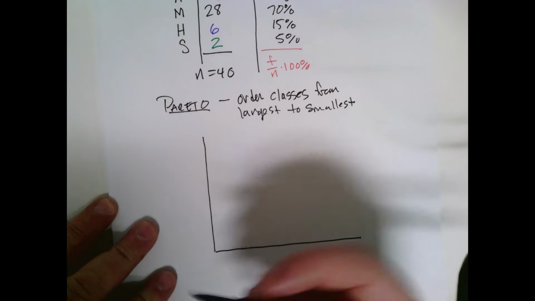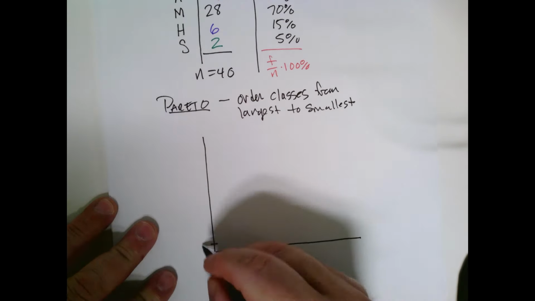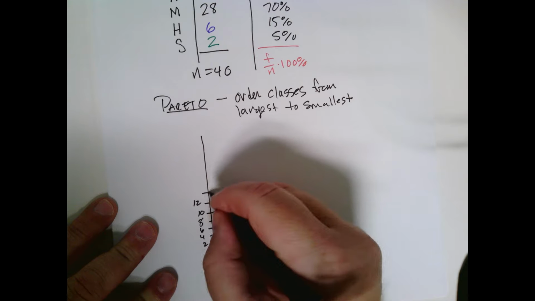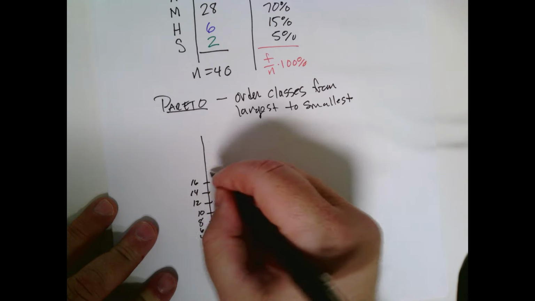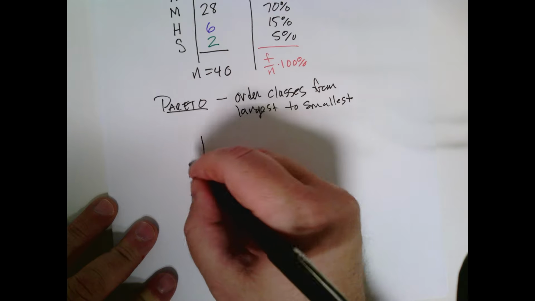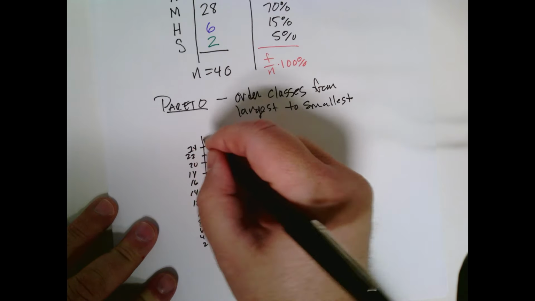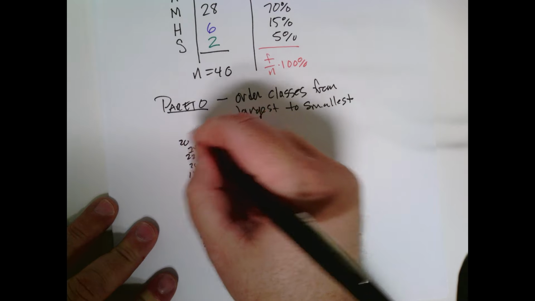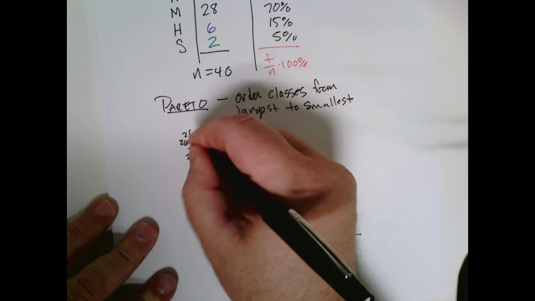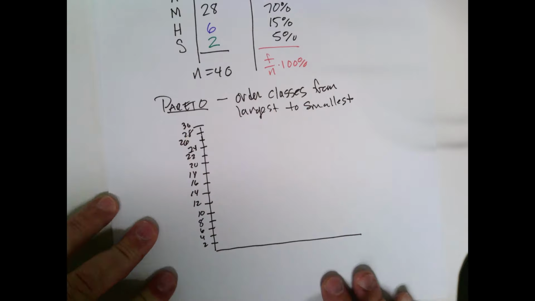So let's count these off by twos, I guess. 2, 4, 6, 8, 10, 12, 14, 16, 18, 20, 22, 24, 26, 28, 30, like that.